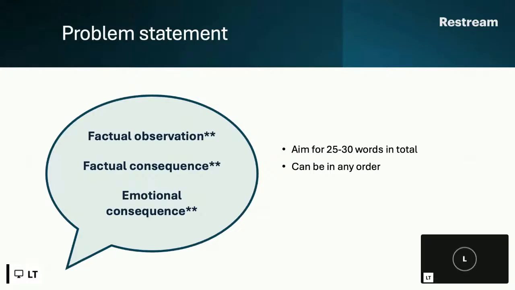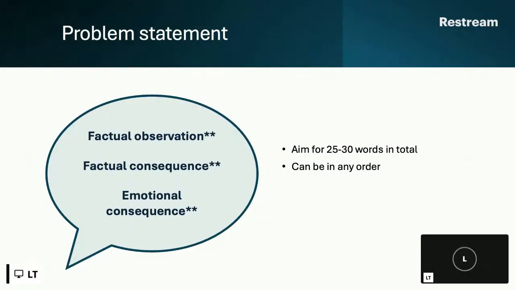After you've explored it, you need to summarize it in a succinct, short problem statement which captures the essence of your project. It should usually contain 3 elements: a factual observation, a factual consequence, and an emotional consequence as well.